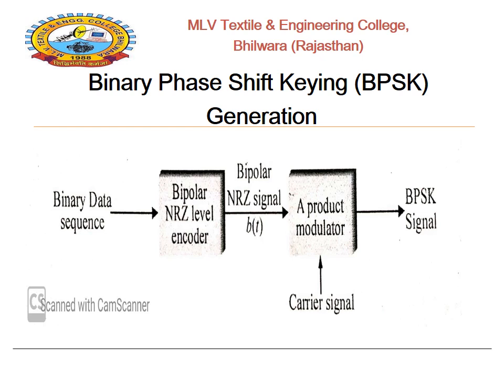Then this NRZ signal is multiplied with the carrier signal in a product modulator. The output of the product modulator is the desired BPSK signal. The NRZ level encoder basically provides the bit sequence in two forms, +1 and -1.